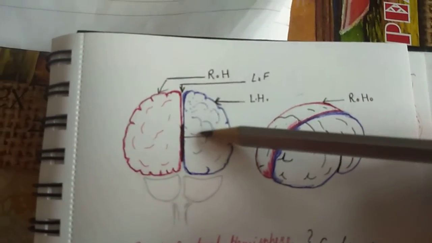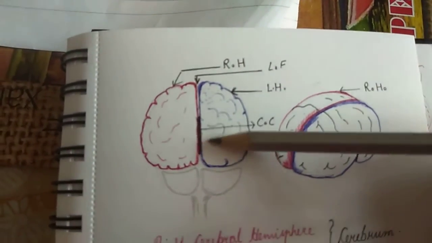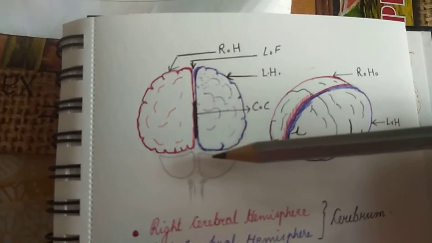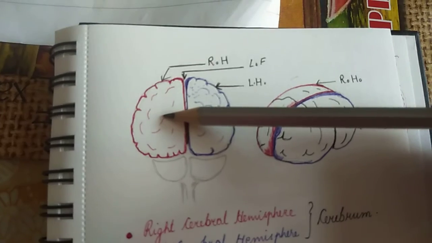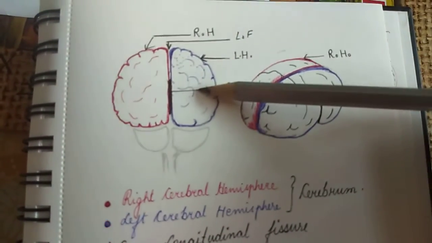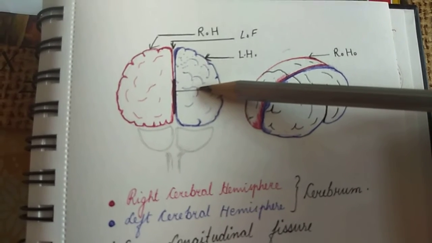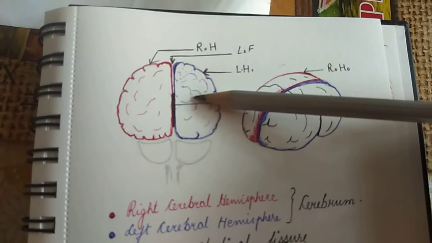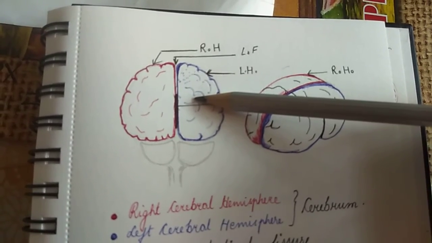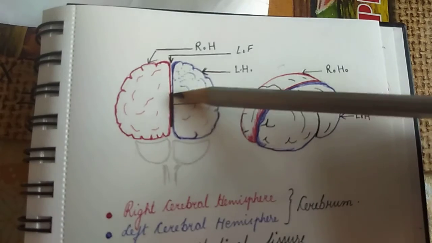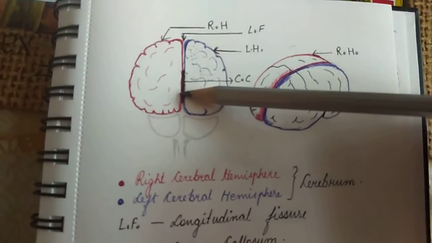Cerebrum. The cerebrum is the largest, most complex of all parts of human brain and is divided into right cerebral hemisphere and left cerebral hemisphere. These two hemispheres are connected with each other by a bundle of myelinated nerve fiber known as corpus callosum.